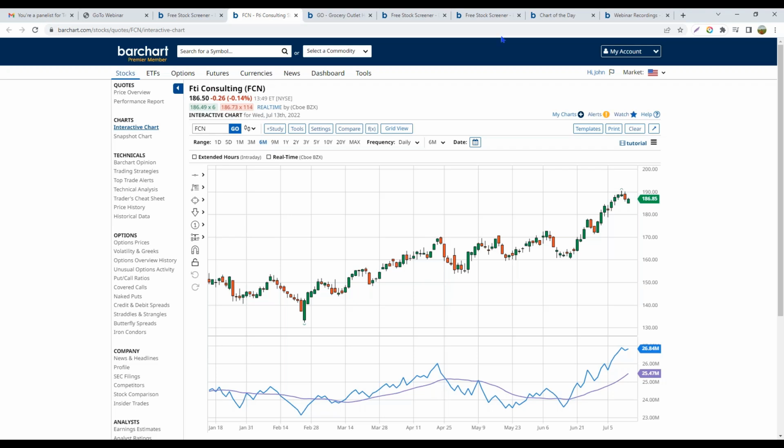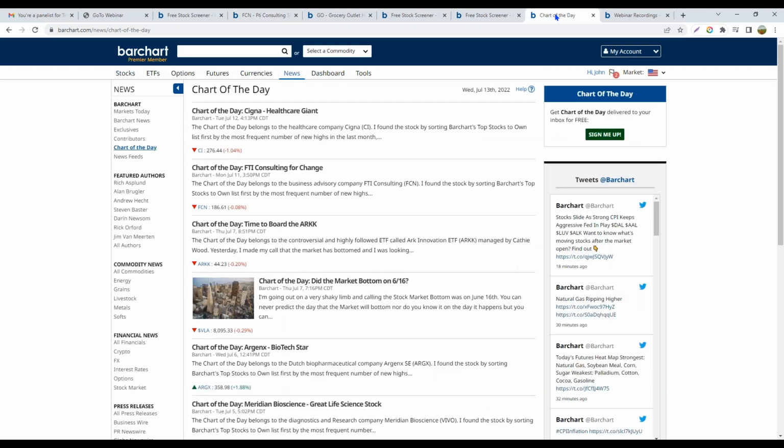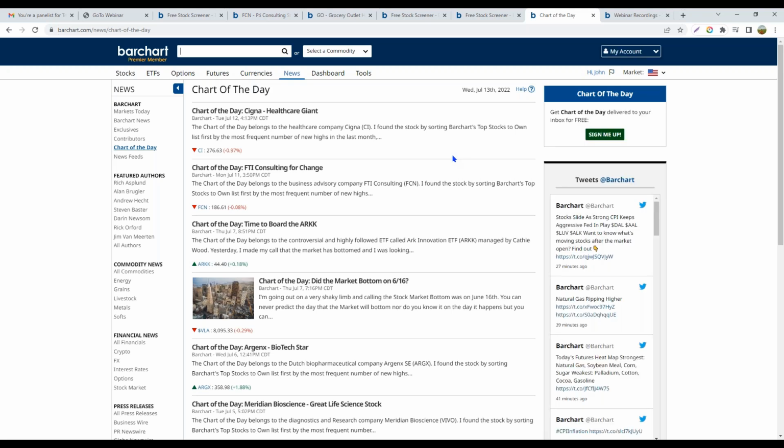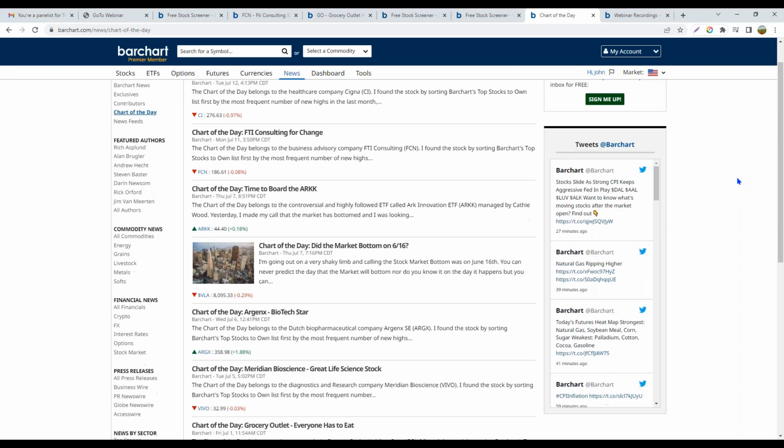And to come back full circle, as Gene had pointed out, the Chart of the Day: if you're not signed up for the Chart of the Day, these are great candidates for this kind of momentum study. Not only is Cigna here, but good job, Jim. There's our FTI, and just a little bit lower, there it is, Gene.